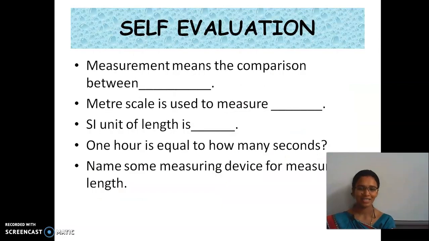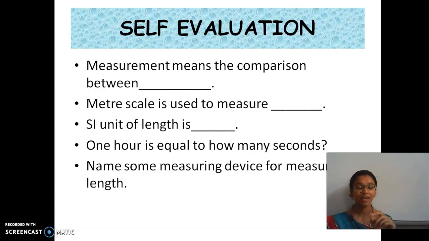So try to answer these questions. Measurement means the comparison between what? Louder. Between a known quantity and an unknown quantity. Very good.